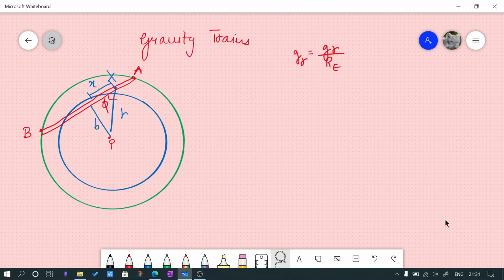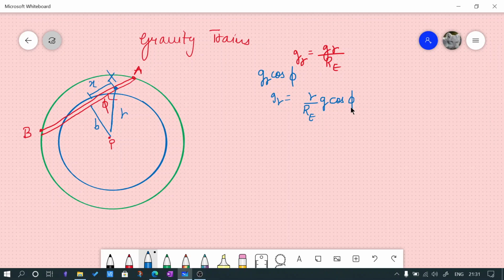So now we know the value of g_r. As we said earlier, the acceleration at point x on this mass would be g_r cos phi. Now g_r is r by R_e times g times cos phi.